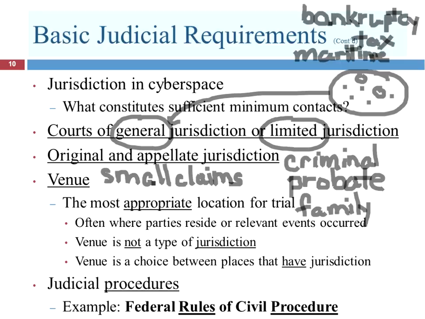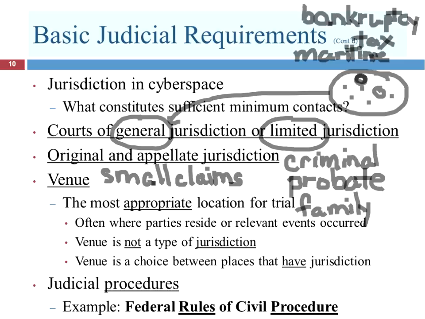So, let's say I am representing a client who's filing for bankruptcy, and I file the dispute in a court of general jurisdiction. Well, that court will say, quite reasonably, we don't do bankruptcies. You have to go to the bankruptcy court, and that's where you have to file that document. The court of general jurisdiction isn't going to have authority to handle those cases because it's one of those carved out areas.